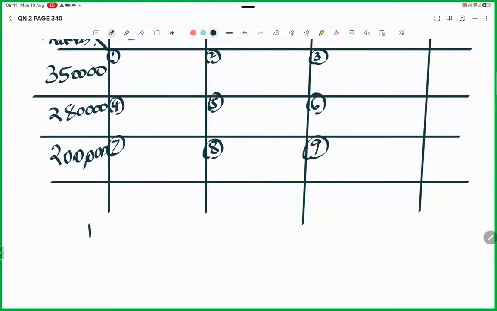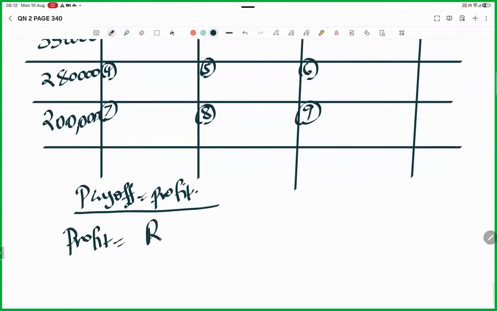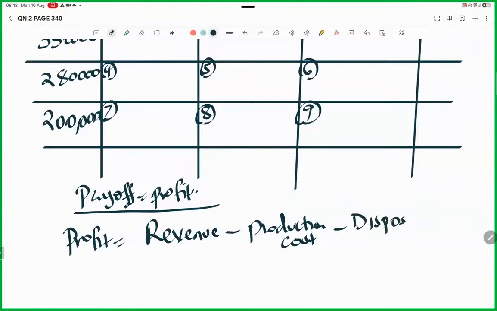And remember, our payoff is basically a profit here. And how are we going to get this profit, my friends? It's very, very easy. To get our profit, we shall take revenue, we subtract production costs, and where applicable, we subtract the disposal cost.